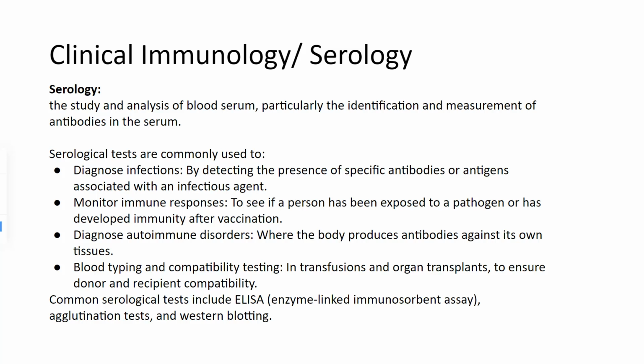So in clinical immunology or serology, serology is the study and analysis of blood serum, particularly the identification and measurement of antibodies in the serum. Now there's two different aspects to antibodies. So the first aspect is we test the patient's blood to see if they have specific types of antibodies present.